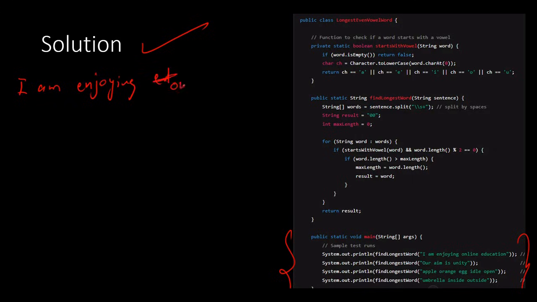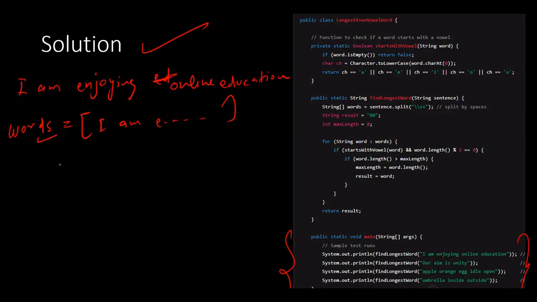First we will split this sentence, so it will come as a string array of words, like I, am, enjoying and so on. They will come as separate words in our array. So this will be our first step.